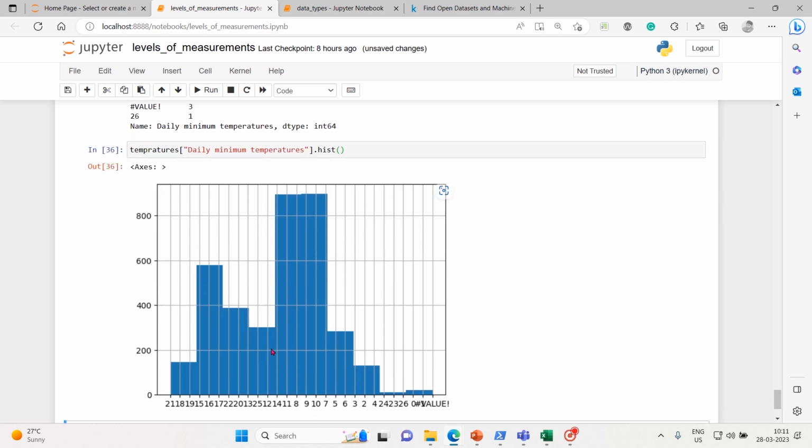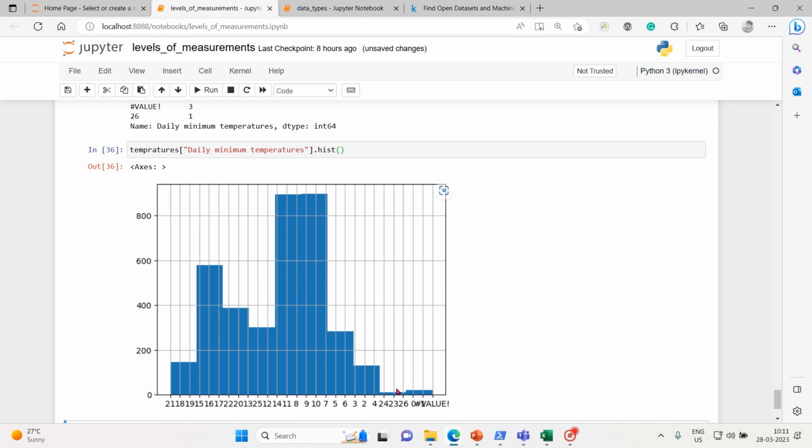And then obviously you can see that minimum temperatures from 7 to 14 degrees Celsius have been recorded on too many days. So this is widely recorded, whereas other temperatures are very few.